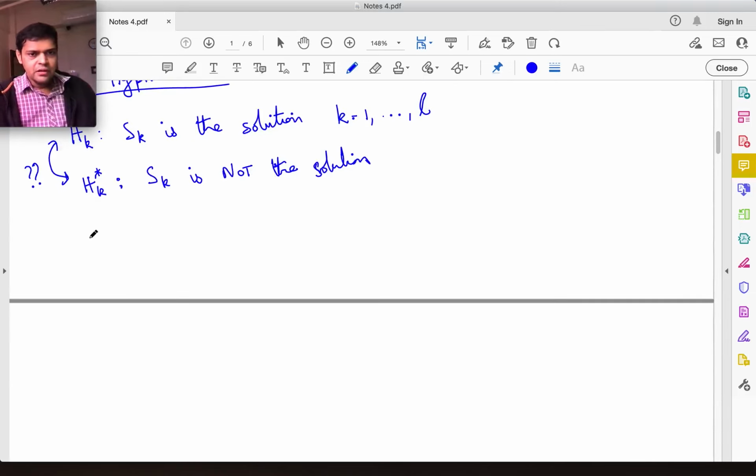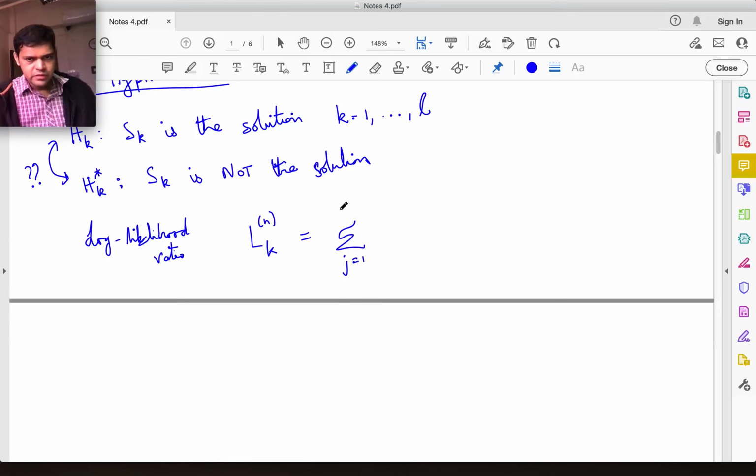So we have a log likelihood ratio, which is given by this, similar to what we had earlier.